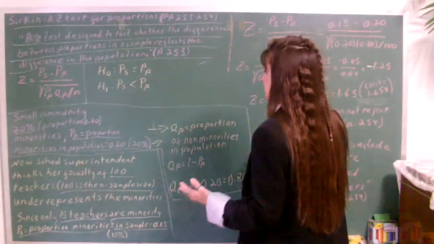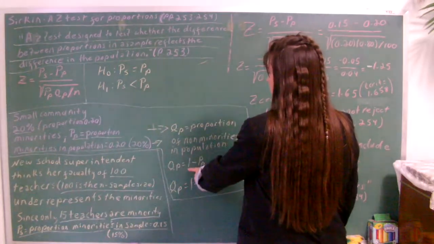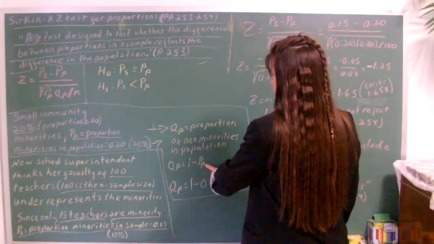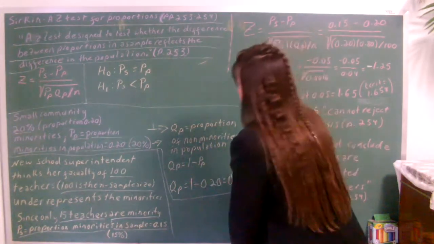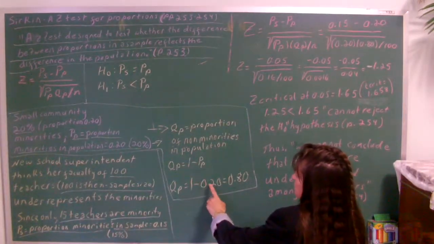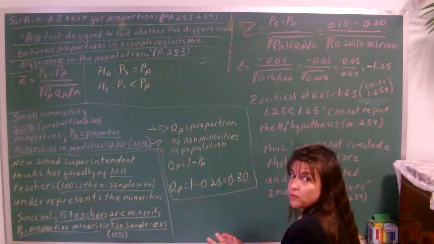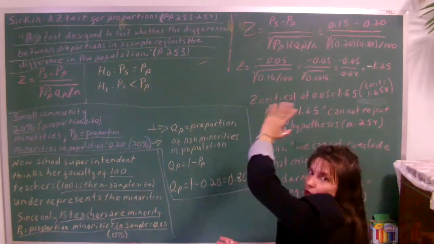Remember, a proportion is taken from 1. So we subtract the p of the population from 1, which is q subscript p equals 1 minus 0.20 equals 0.80. Now we have all the information we need to work our formula.